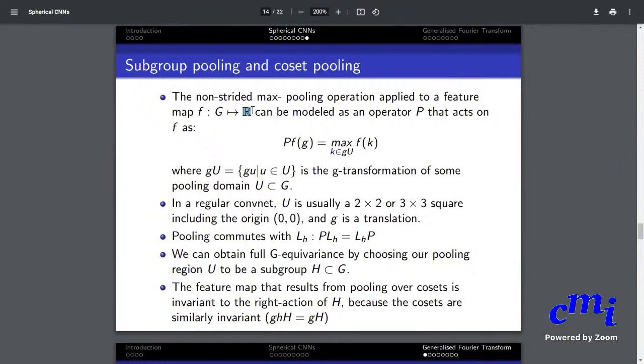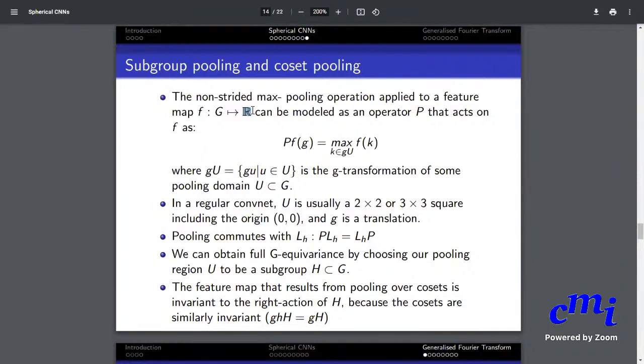So this is a subgroup of D equals Z squared, Z^2. And in a regular convolution, again, U is usually a 2 cross 2 or a 3 cross 3 square, including the origin, and G is just the translation.